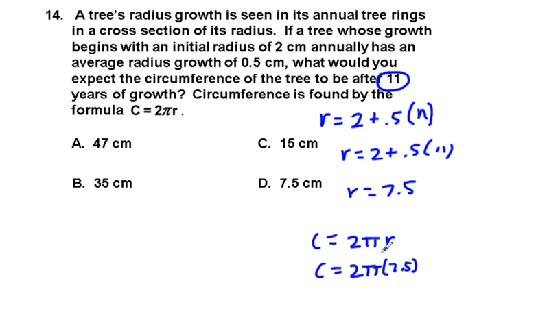I can say times 3.14, so 2 pi times 7.5. So I'm going to get 47.1. So the closest answer to this is obviously A.